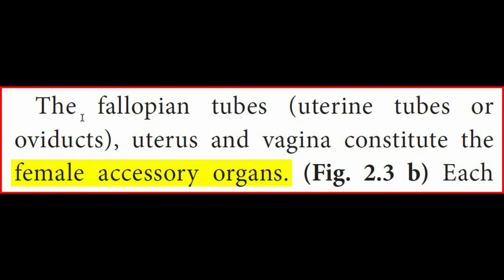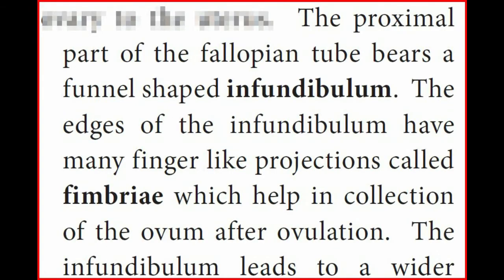The oviduct has a proximal part. The proximal part of the fallopian tube bears a funnel-shaped infundibulum. From there, finger-like projections are there.